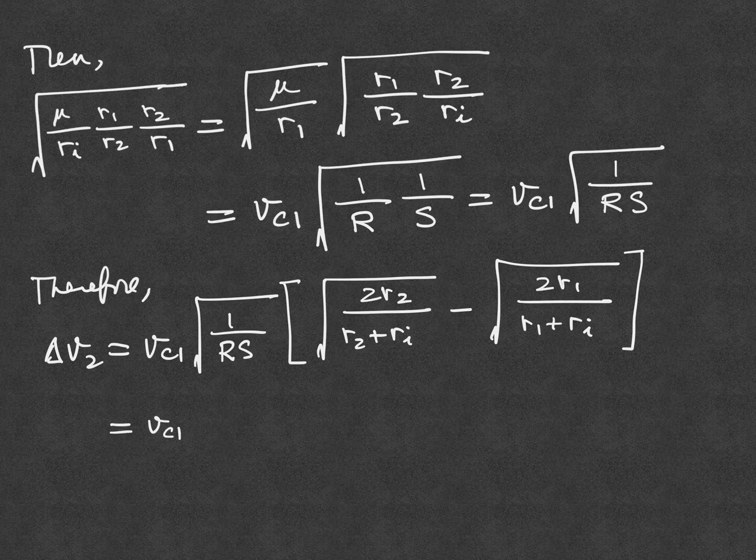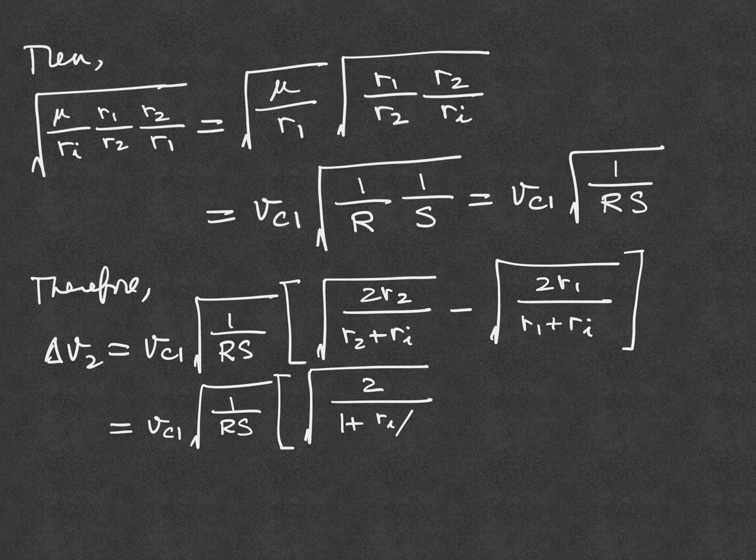If I divide the numerator and denominator inside each square root by R2, I get 2 all divided by 1 plus Ri over R2 in the first square root, and in the second square root, I get the square root of 2 times R1 over R2 all divided by R1 over R2 plus Ri over R2.